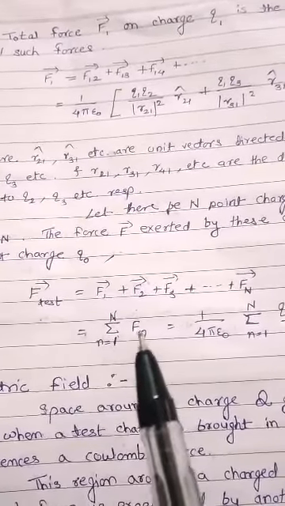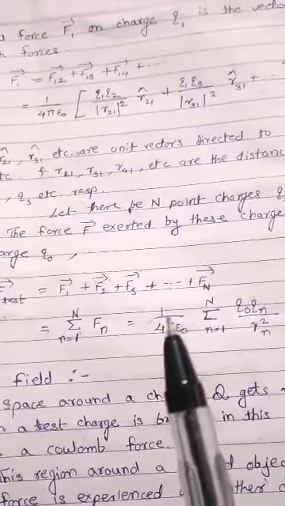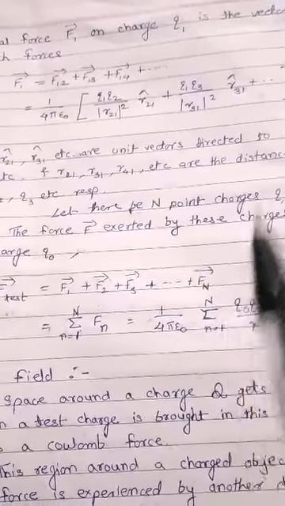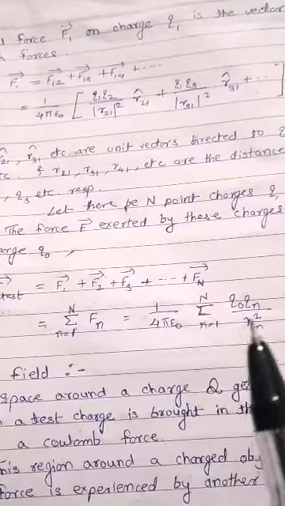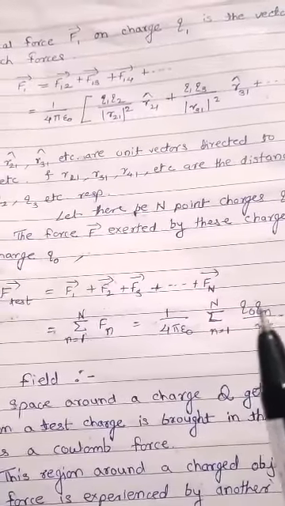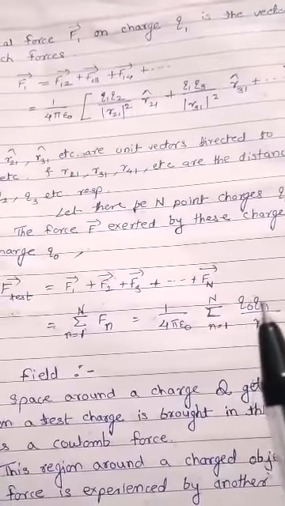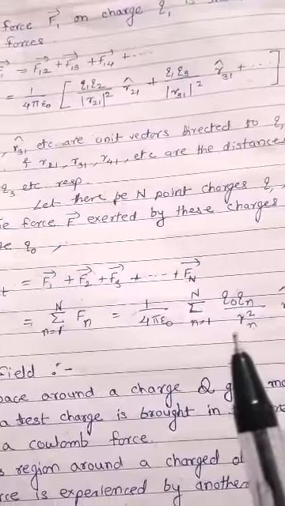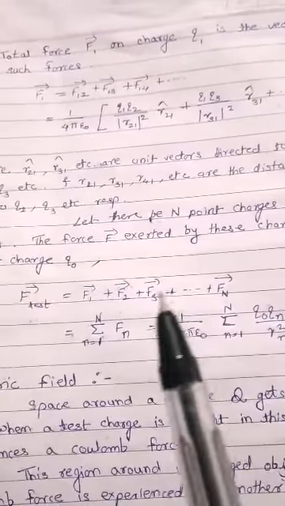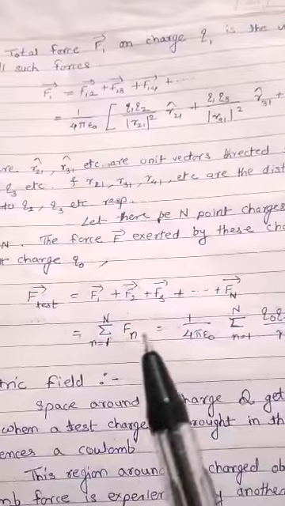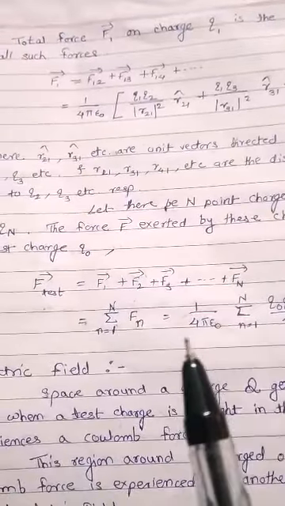So F is equal to 1 upon 4 pi epsilon naught, summation n equal to 1 to n, of q naught, the test charge, into qn, the last charge, upon rn squared, into rn cap. This is the formula for n number of charges.